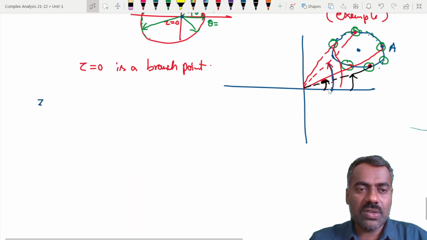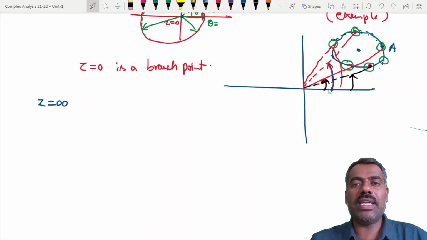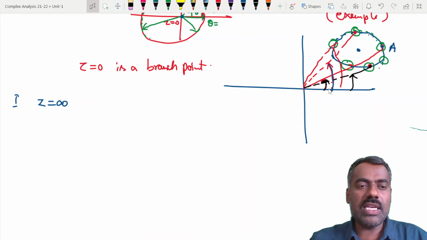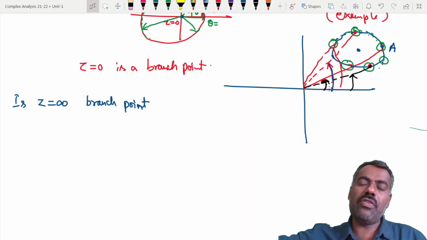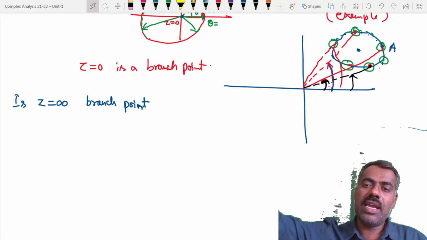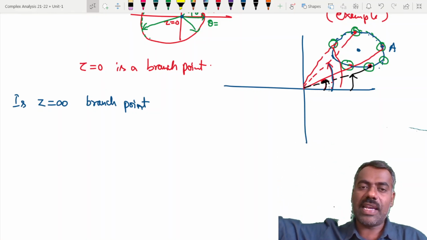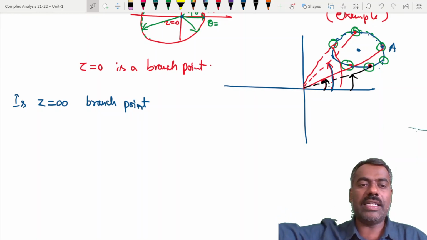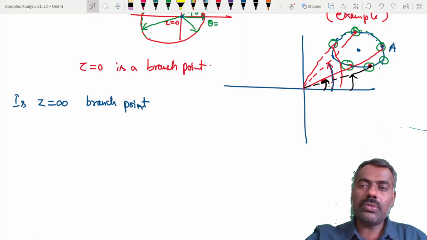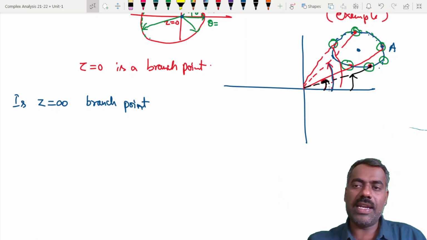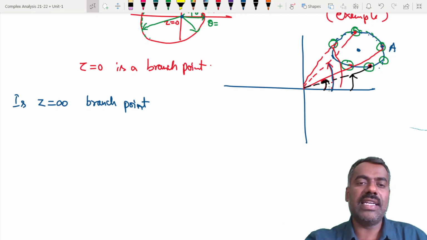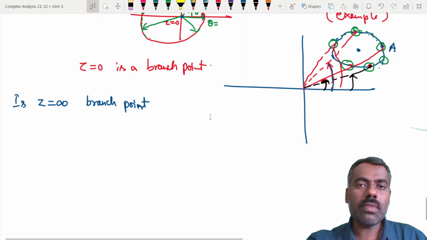Now, you take z is equal to infinity. That means you are taking the extended complex plane. So, is z is equal to infinity a branch point? That means you have a point at infinity. If you can find a circle, or closed curve, enclosing that point, and you travel from that place and reach that point, then the question is whether the branches change or interchange.